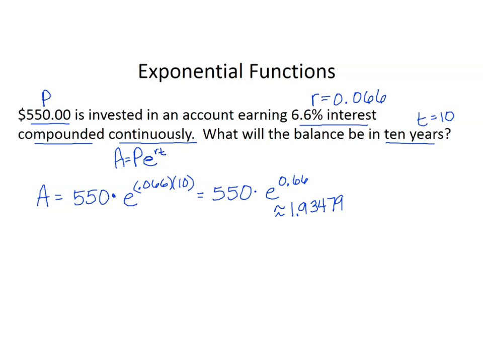So try that now. Make sure that that's what you get when you raise e to the 0.66 power. Then once you have that number on your calculator, hit times 550. And we get, right, approximately 1,064 and it would round to 1.4.